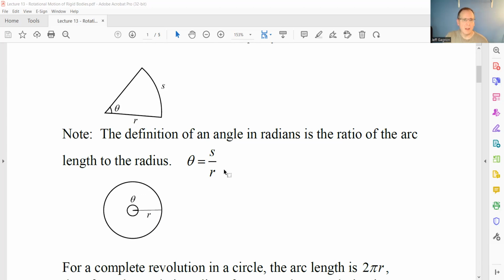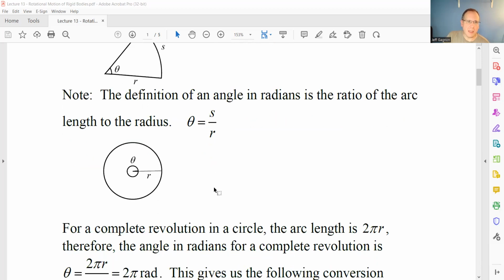Okay. Now, let's say we do a full rotation, like you have a circle here and we go all the way around once. One complete rotation. In that case, if we want to know the angle in radians, the arc length is going to be this entire distance around the circle. And we know that's simply the circumference, right?